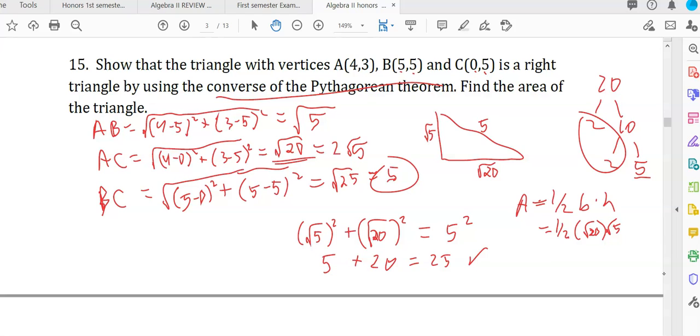So that's square root of 100. So 1/2 square root of 100, which is 1/2 times 10. Half of 10 is 5. So the area is 5. That's our final answer, 5 square units.